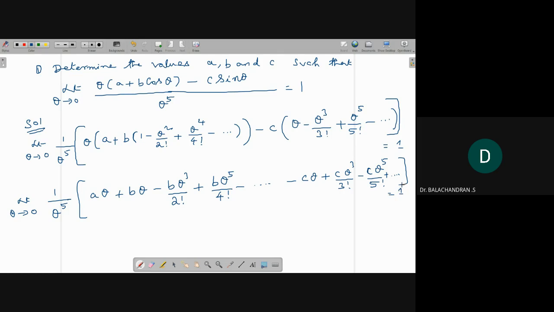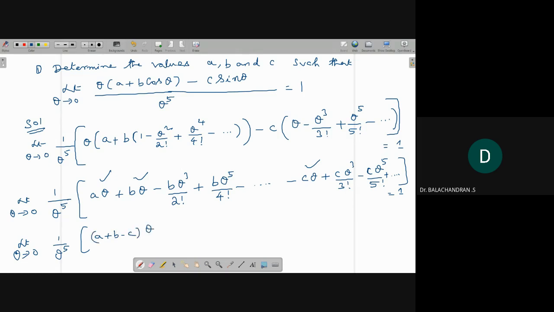Now, the next step, I am going to collect the coefficient of theta, and then coefficient of theta cube, and then theta power 5. So that is my idea. Limit theta goes to 0, 1 by theta power 5. If you take theta commonly, A plus B minus C into theta.